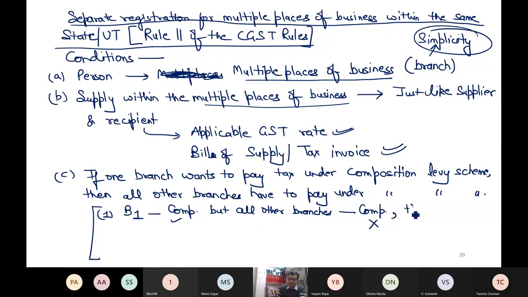Then what happens? Even for branch 1, composition levy is not allowed. If any one branch wants to pay under composition levy, all have to agree, otherwise it is not allowed.